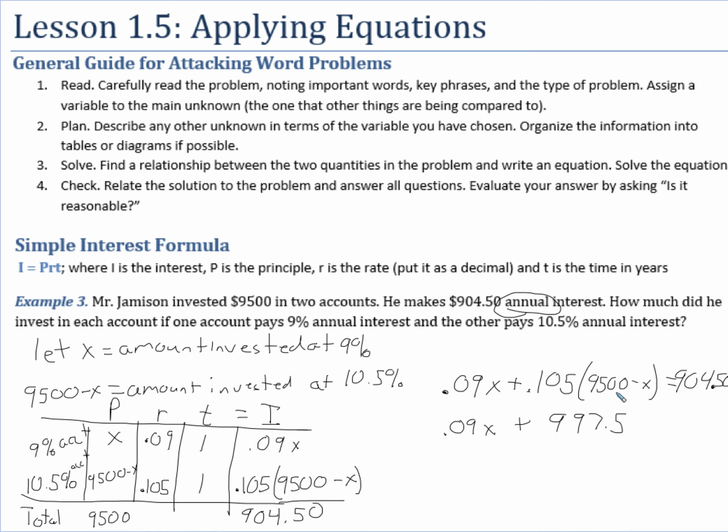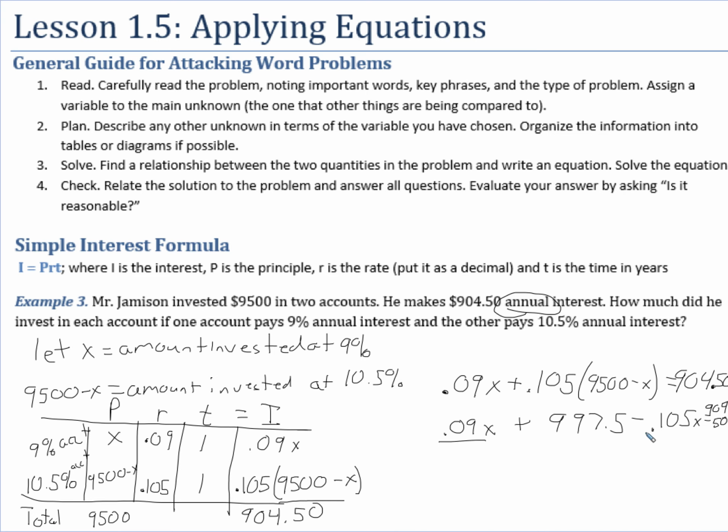So multiply that together, minus, so we distribute this, 0.105x equals the 904.50. I'll straighten that out next time. That's not a good way to write that, but I was out of room.